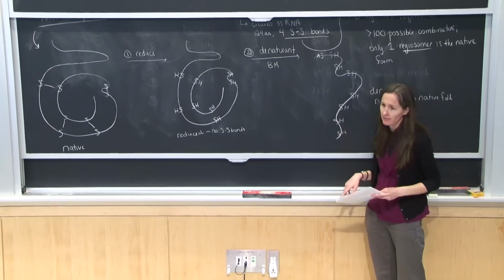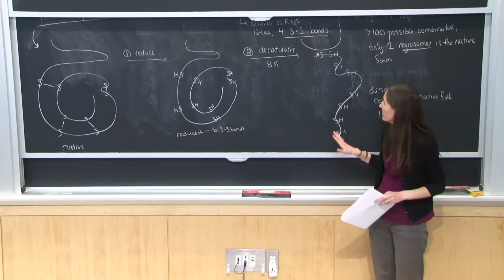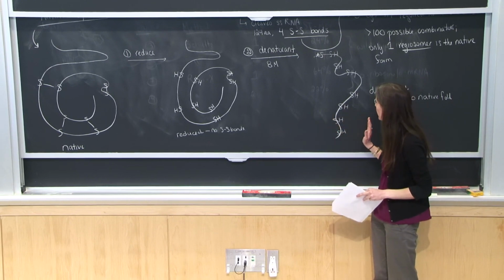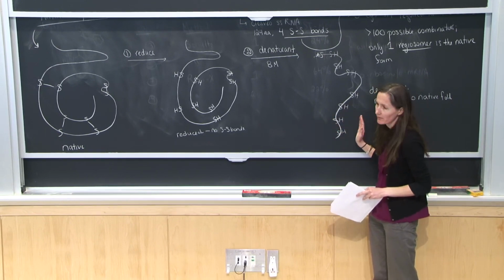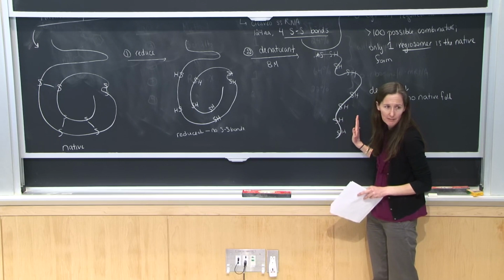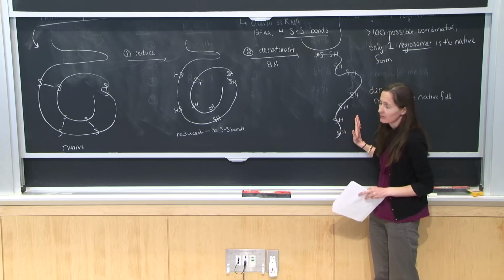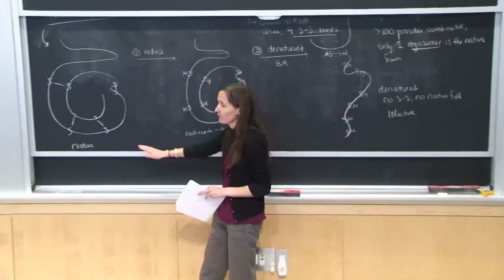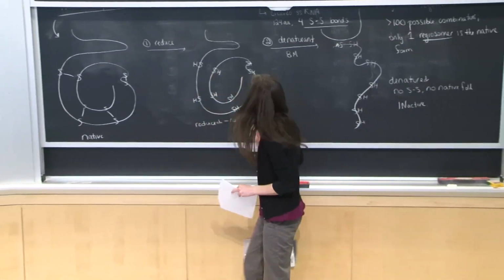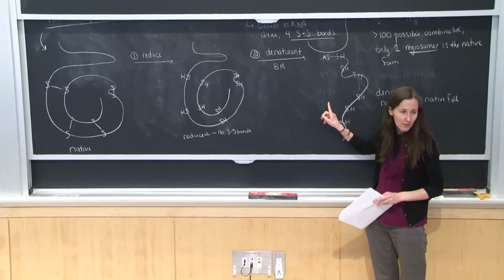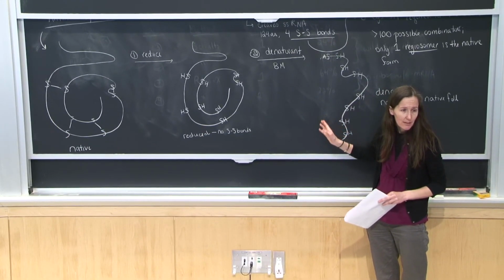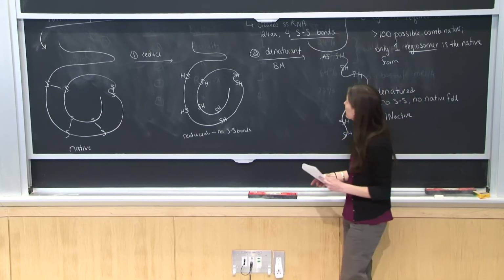What did he do next? So the next step in this experiment was to ask, okay, if we start with this unfolded polypeptide that's completely denatured and there's no disulfides, can it return to this native form by removal of the denaturant and then allowing it to oxidize?